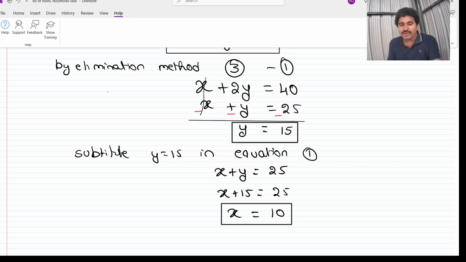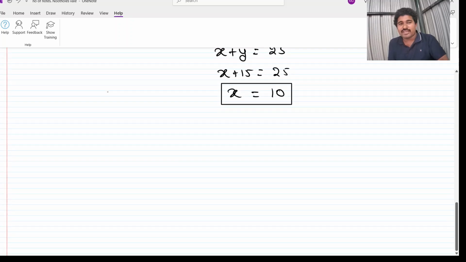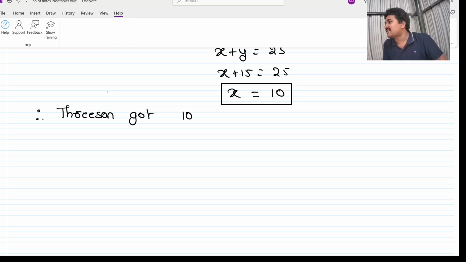So therefore, what is your final conclusion? Therefore, the 3 sons got 10. How to make it properly? 10 number of 50 rupee notes. Otherwise it doesn't look good.